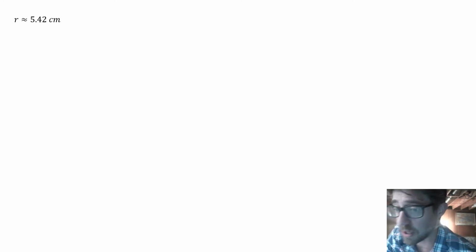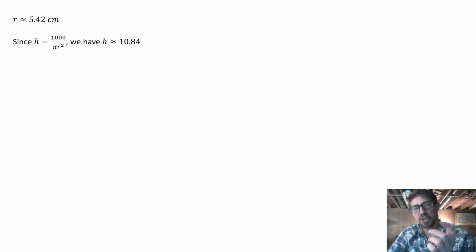So that number is not very meaningful, but as it turns out, when you stick this back in and figure out what h has to be, which I just use a calculator for because the numbers are ugly, if you just stick 5.42 in for r there, you get h is about 10.84, which, look at those 2 numbers, right? The height is twice the radius. And it turns out it's exactly twice the radius. It's just messy to show, and we can take my word for it.